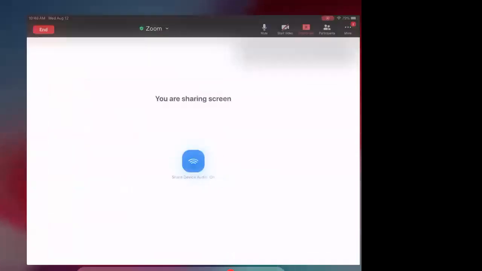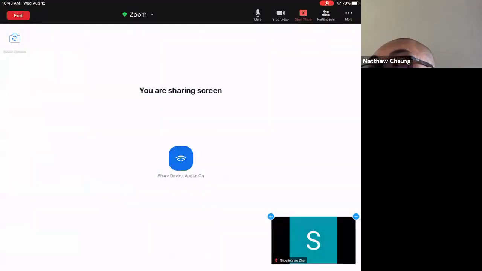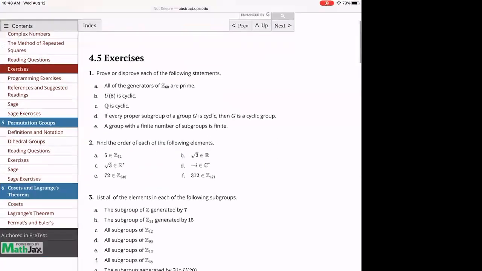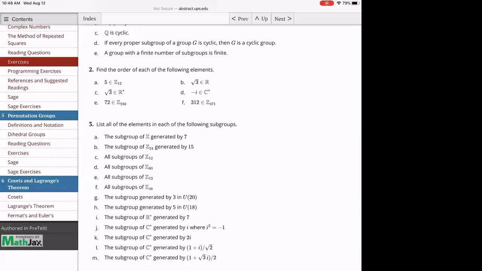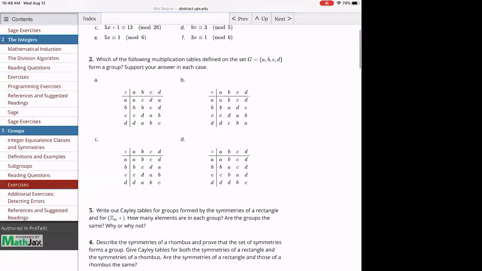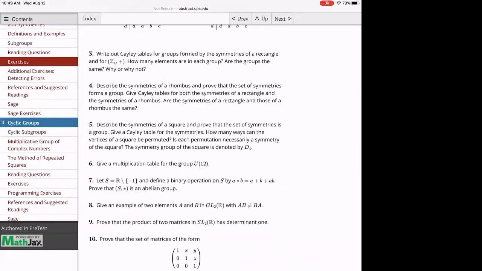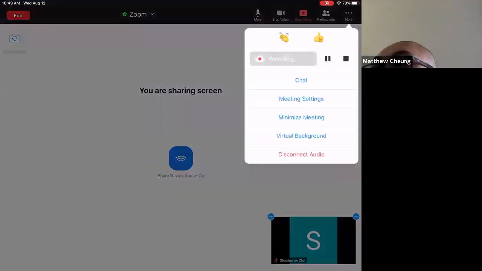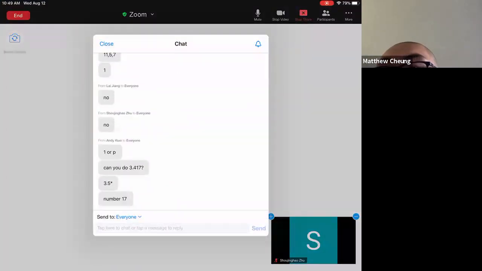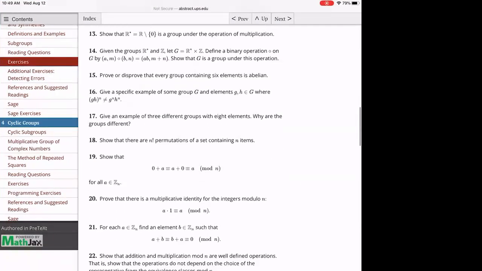Because someone said 4.5, so I'm confused. So you don't want me to do 3.5, I mean this one? The symmetries of a square? Is that what you want me to do? Oh, okay.